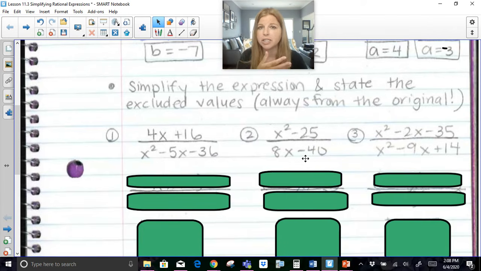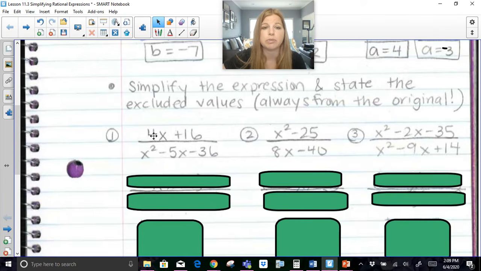It's either going to be factor out a GCF or factor it in that fancy difference of squares format. If it's a trinomial, then we have to do what we did before. If the trinomial starts with an a value of 1, which the three trinomials here, the denominator of problem 1, the numerator and denominator of problem 3, they all have a values of 1, then it's simply what factor pairs of c add up to give you b.